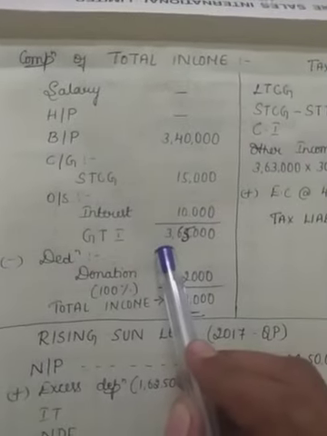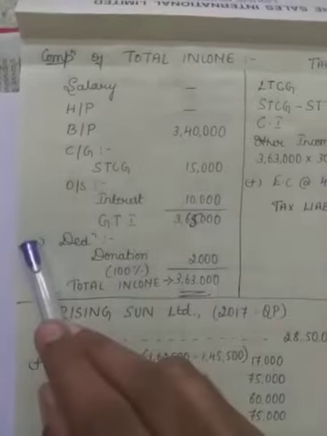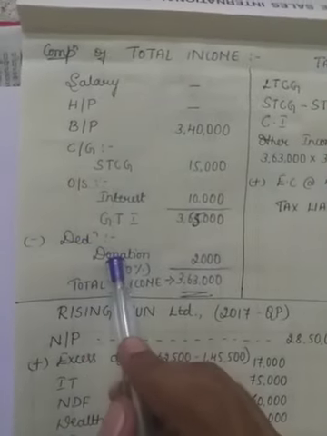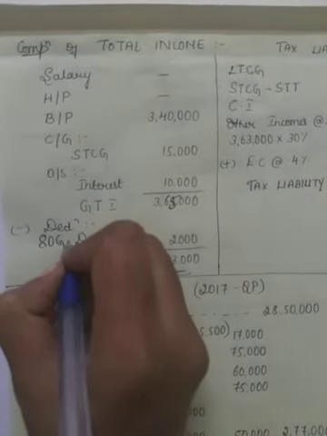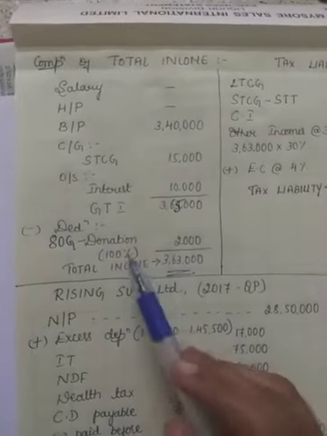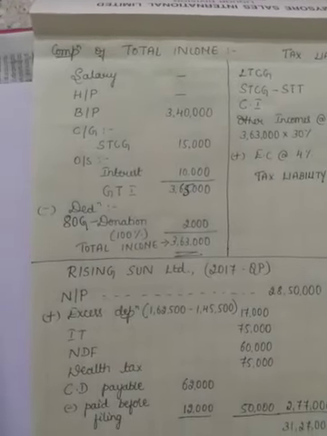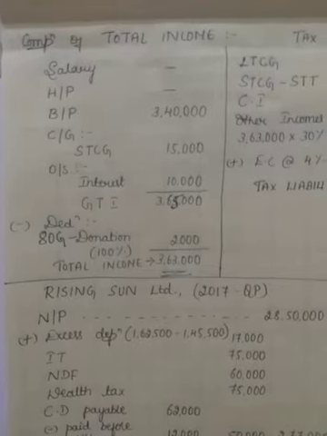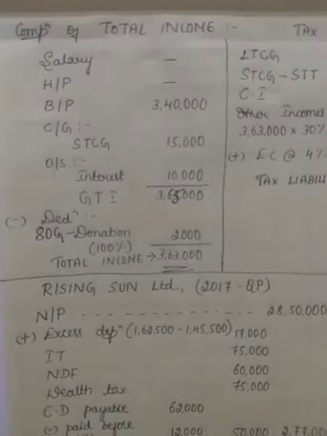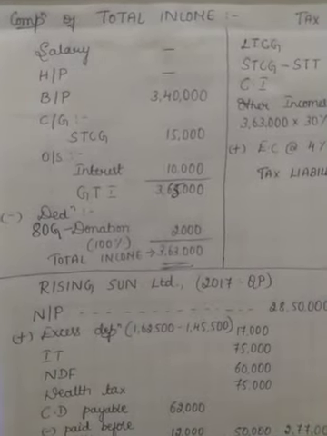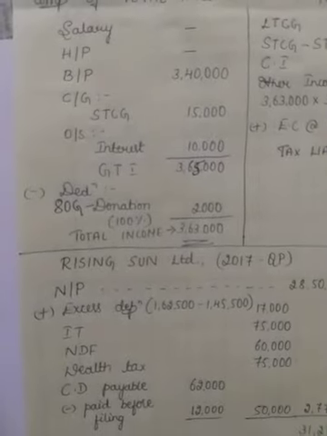So the total of all these, the gross total income, will come to rupees 3,65,000, and then deduction under section 80G. Donation will come under 80G. Therefore, for the donation given to charity, wherever it is not said whether it is an approved or recognized charitable institution, it is not specified anywhere here, and hence we cannot consider that as an assumption.